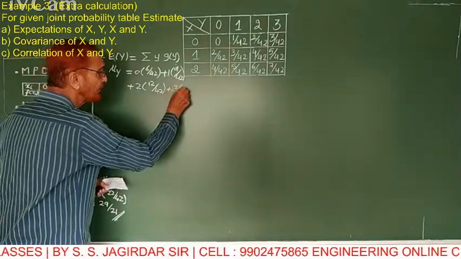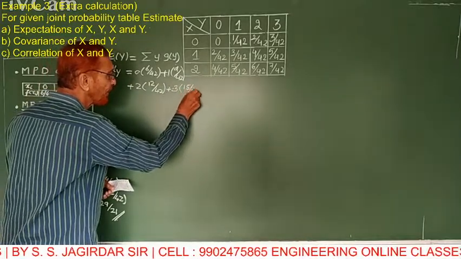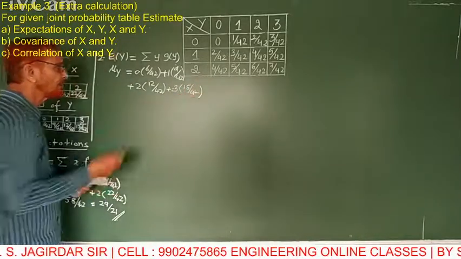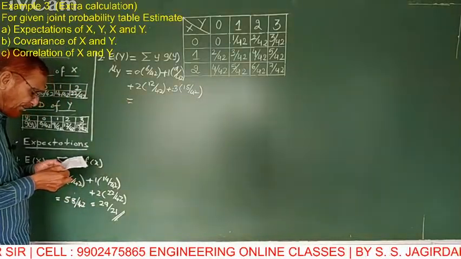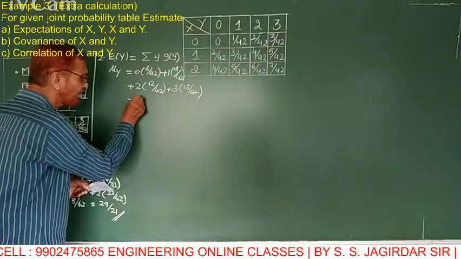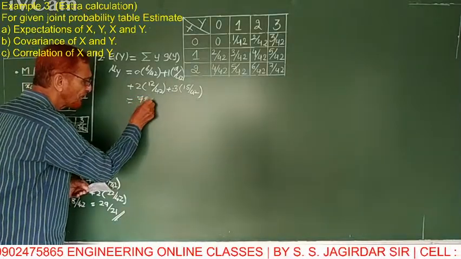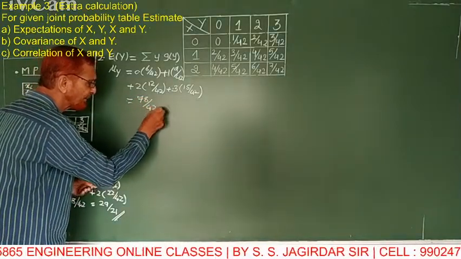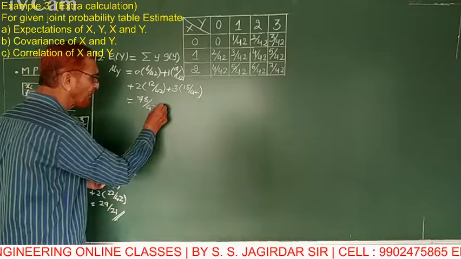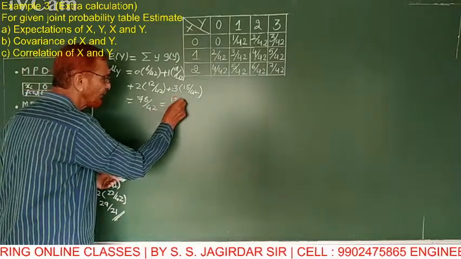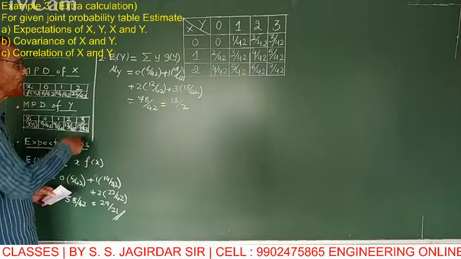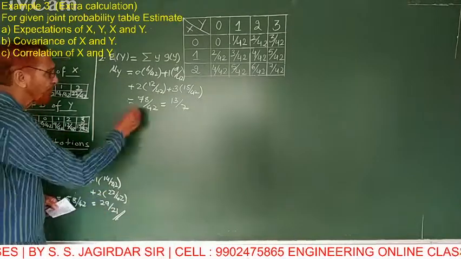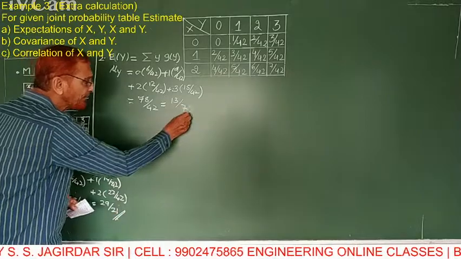Okay, gentlemen, this way if you work out, the result of all this is 78 upon 42. You please work out, or you can use your calculators. In decimal also you can write the answers, no problem. So here I am working in fractions, so it is totally 13 upon 7. So you have got expectation of x, and expectation of y.